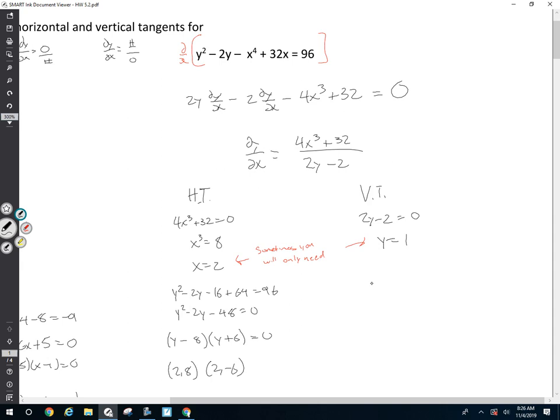Here I have 1 minus 2 minus x to the fourth plus 32x equals 96. I don't like the minus x to the fourth, but I'll worry about it in a second. 1 minus 2 minus 96, negative 97.